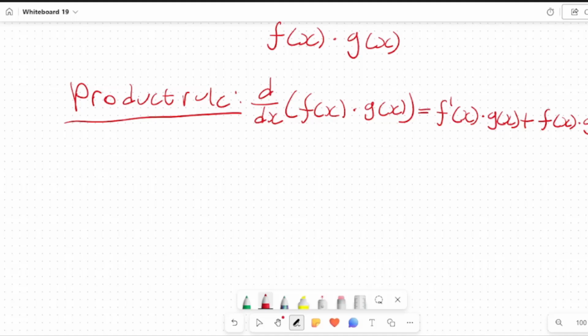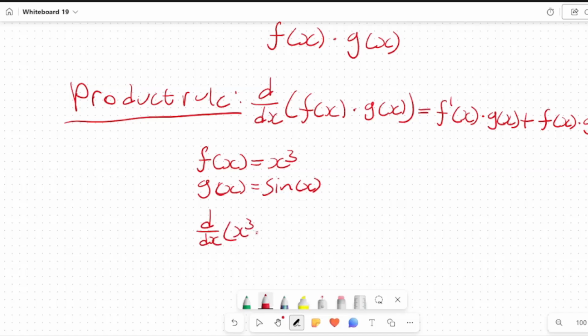Let's say that we have f of x being equal to x cubed, and let's have g of x be equal to, say, sine of x, because that's pretty much the only function I can come up with right now. So we want to solve the derivative of x cubed times sine of x. So what is the derivative of that?